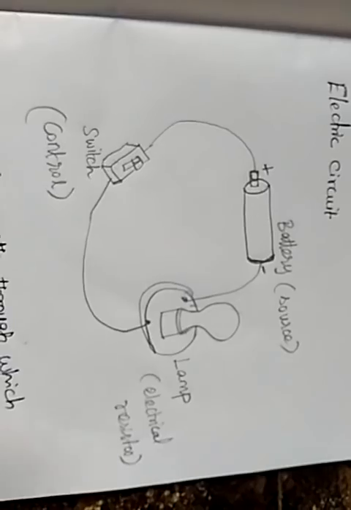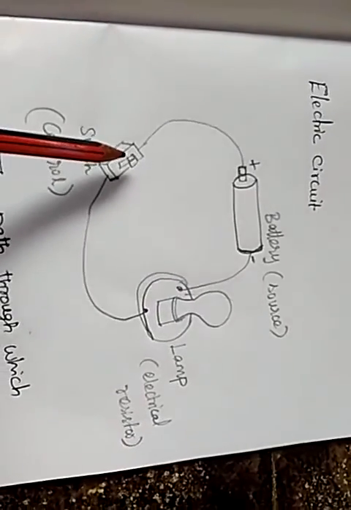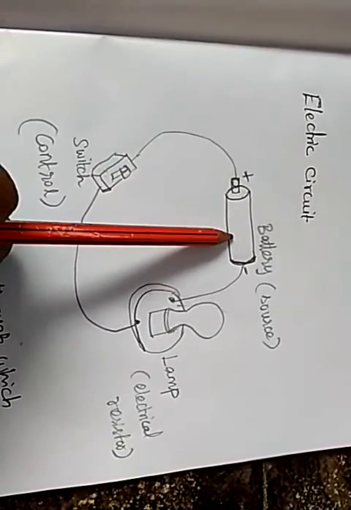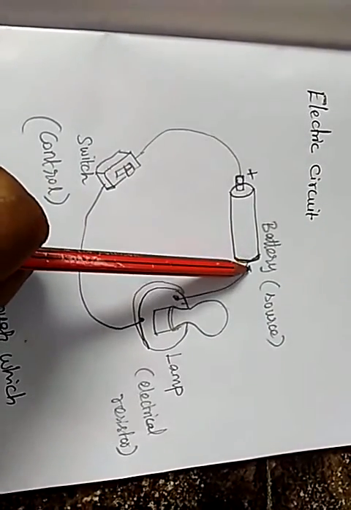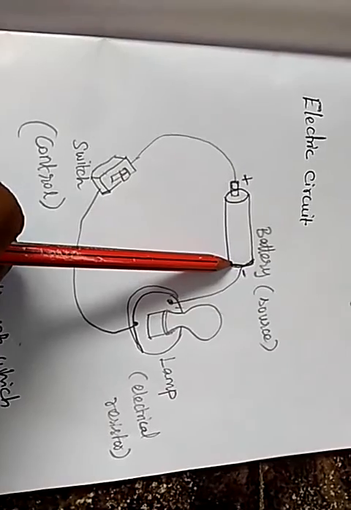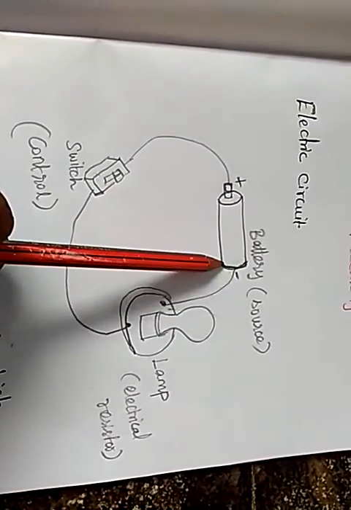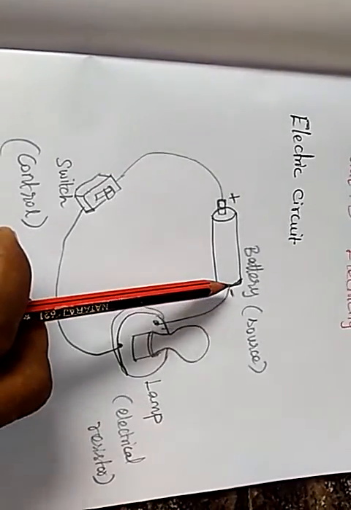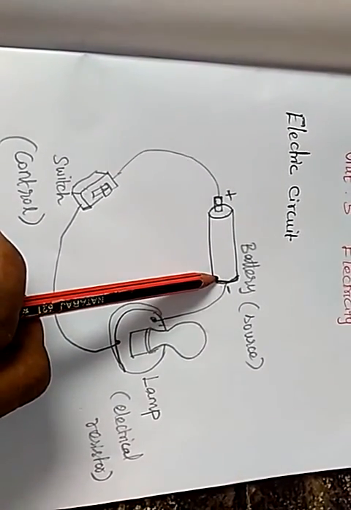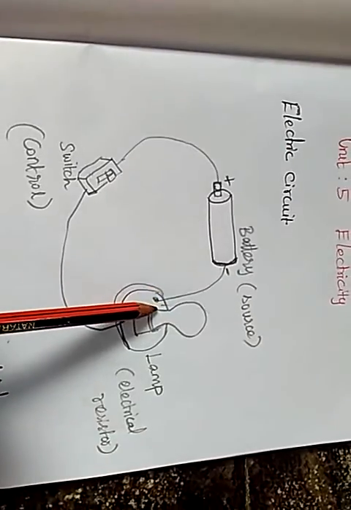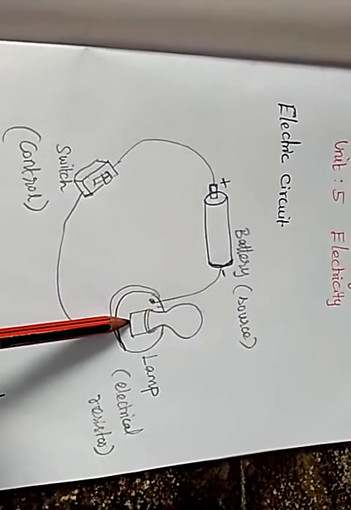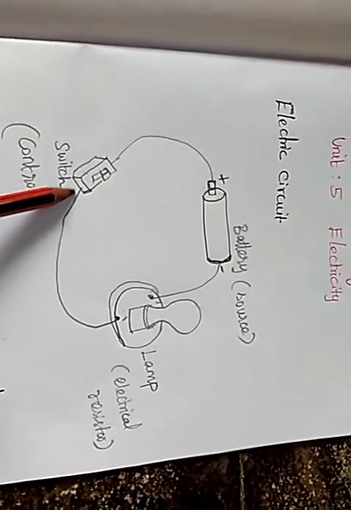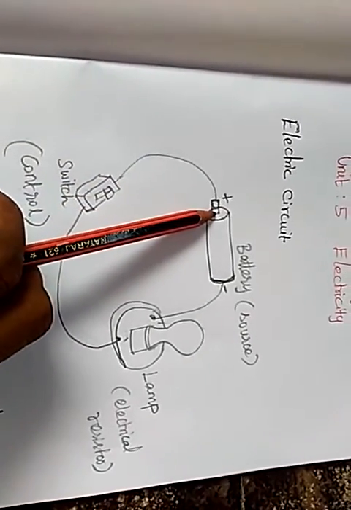Then when the key is on, the electrons from the battery flow from the negative terminal through the wire conductor, then through the bulb, and finally back to the positive terminal of the battery.